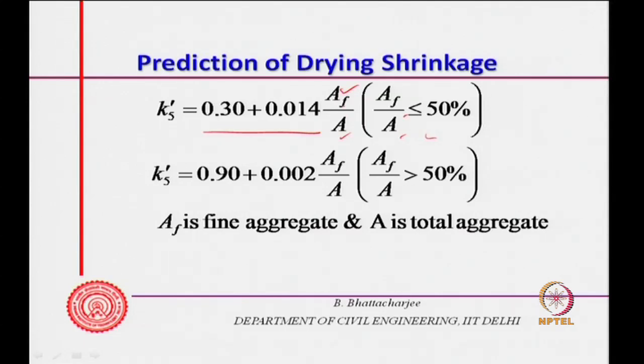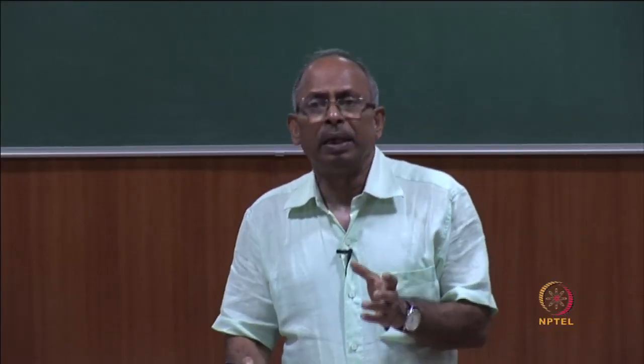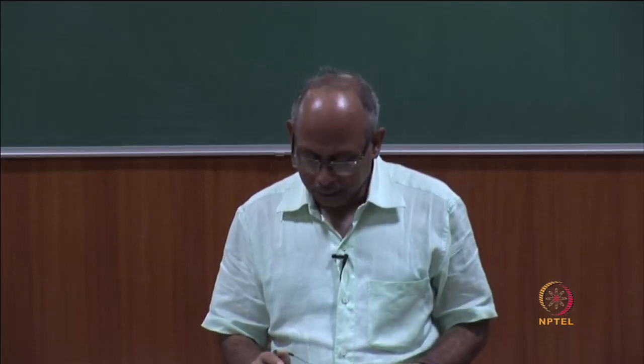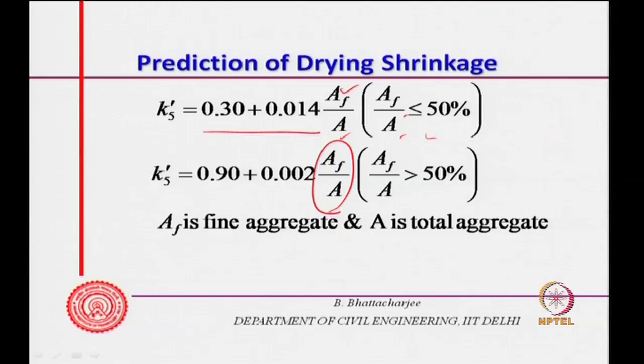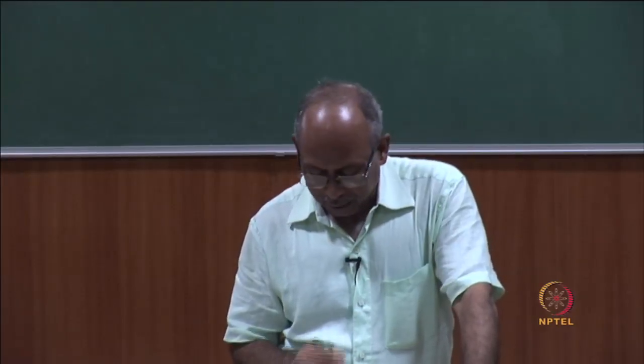If lesser fines are there, less shrinkage, because coarse aggregate is the one which will actually restrict the shrinkage. So, more fines in the system, you are likely to have more shrinkage, and if this is more than 50%, fine is very high, this value is relatively less, 0.90, but this value is higher. So, two empirical formulas are given, depending upon the fine content of the system.